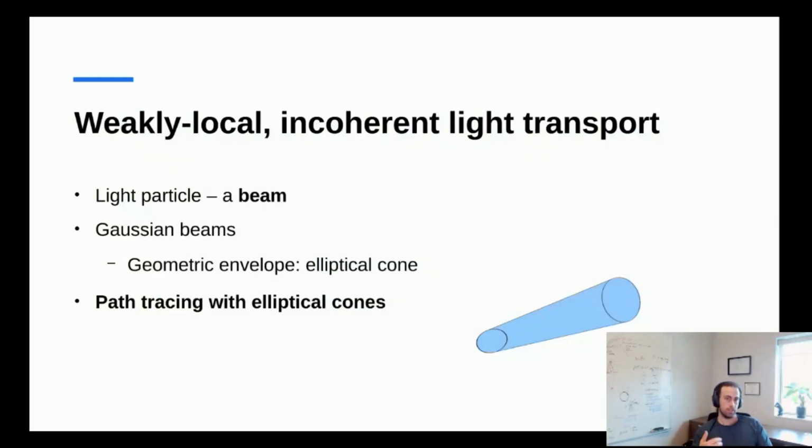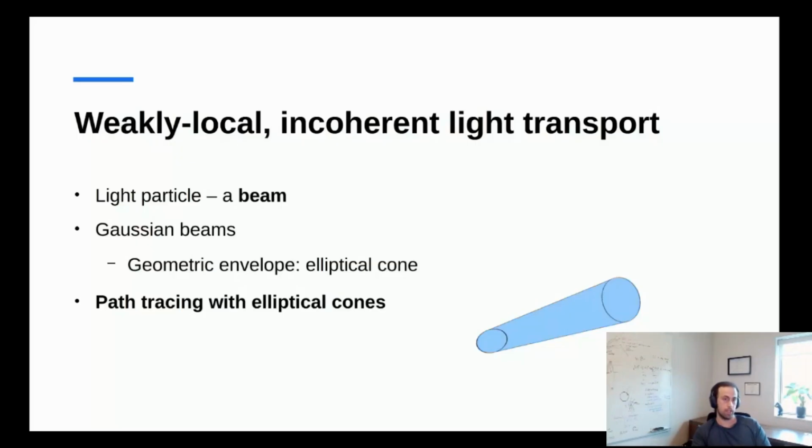So in effect, the tracing part of the path tracing algorithm under our formulation of a weakly local framework reduces to propagating different elliptical conic frustums, which can be anisotropic, and intersecting them with the scene geometry. That is the geometric part. So instead of doing ray tracing, we do tracing of elliptical cones.